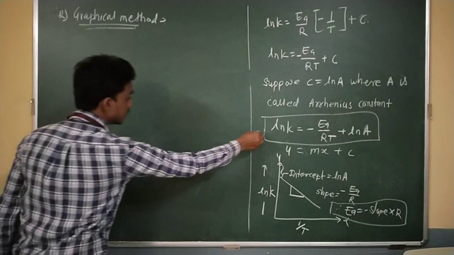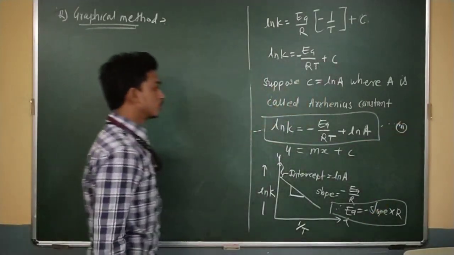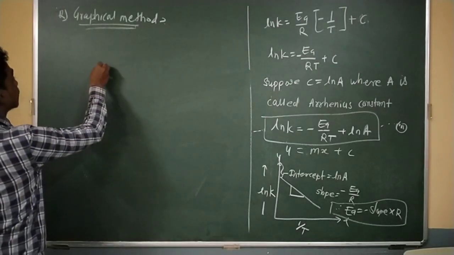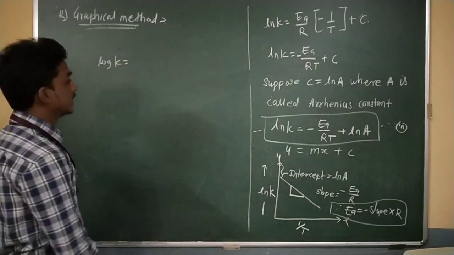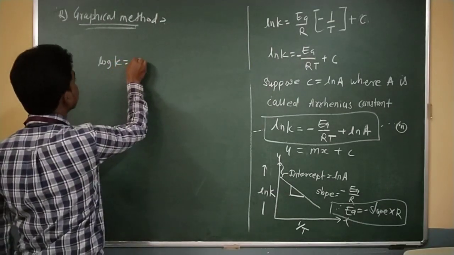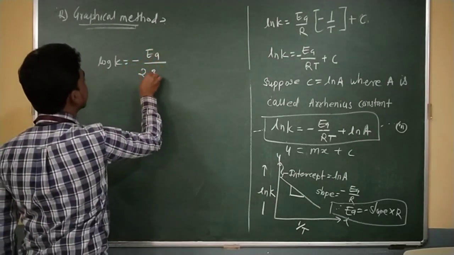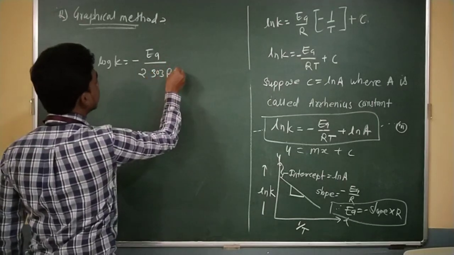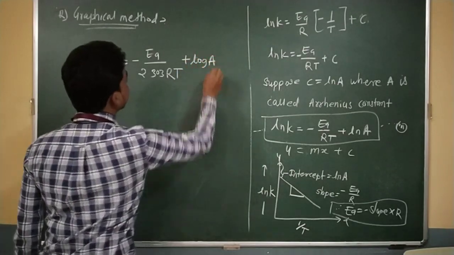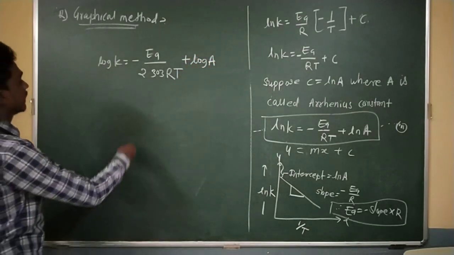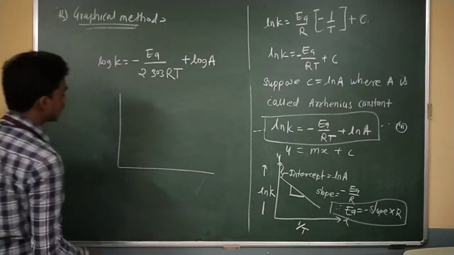So in this equation number 3, I can write like that also: if I change the log to the base 10, log of k is equal to minus EA upon 2.303 R T plus log of A. Like this graph, I can plot another graph also.